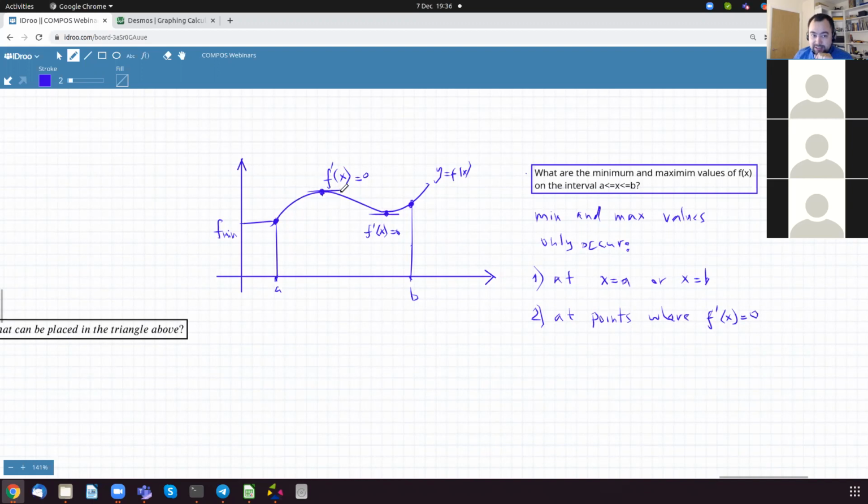And if the derivative is 0, that means the gradient is 0. And the point can be a minimum or a maximum if the gradient is 0. But if we're talking about the minimum or maximum value of a function, it can also occur at the interval ends. So for example, let's take a function like this. The minimum is here, the maximum is here. There's no local minimum or maximum.